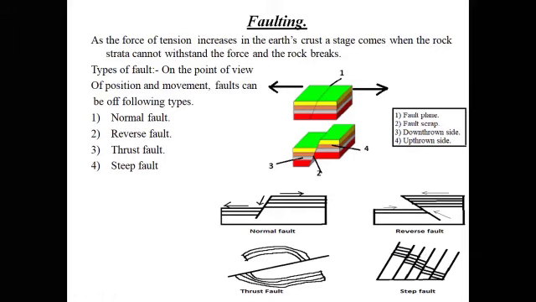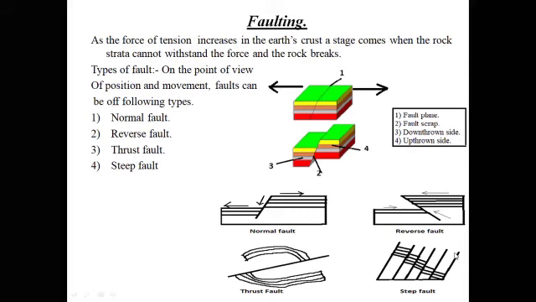Let me tell you again, when in any area we have several parallel faults in such a way that the crust is broken into thin strata or thin particles, in such a case, in these parallel faults, the slope will be on one side. The slope you can see is only on one side here.